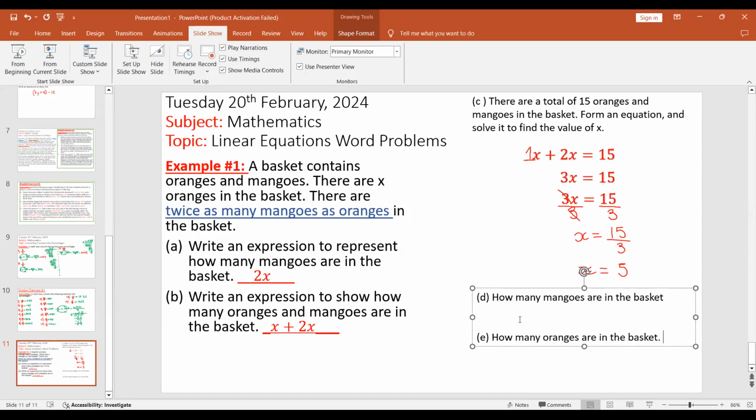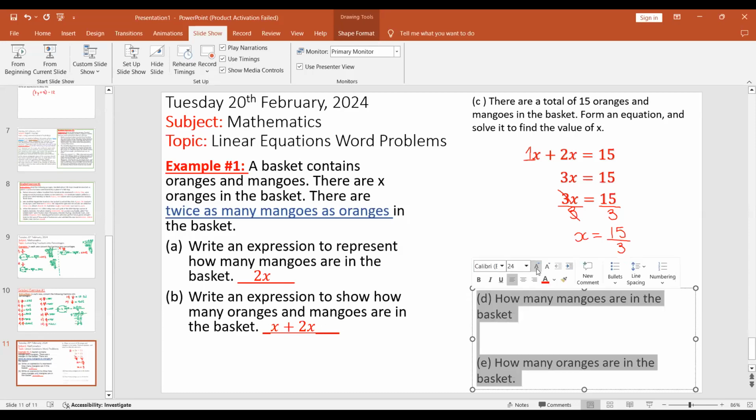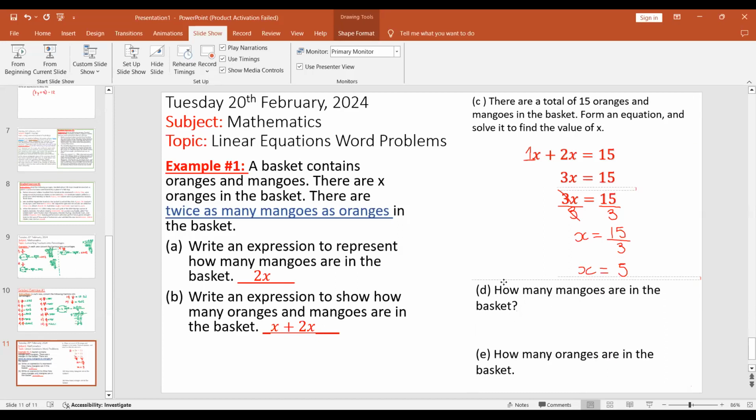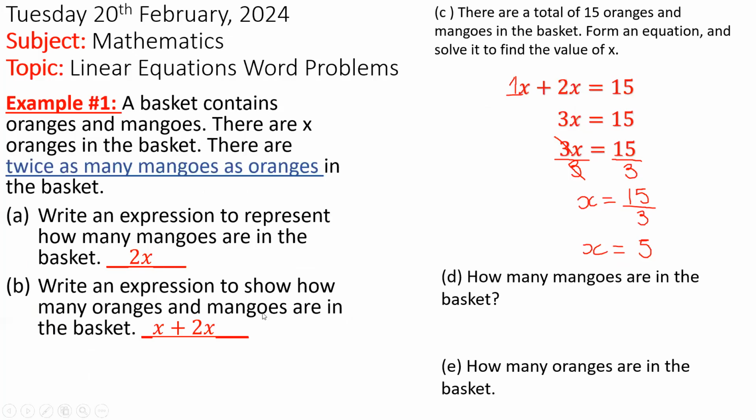Very good. So the question for D says, how many mangoes are inside of the basket? Does anyone know how we're going to get that? Times 2 by 5, right?